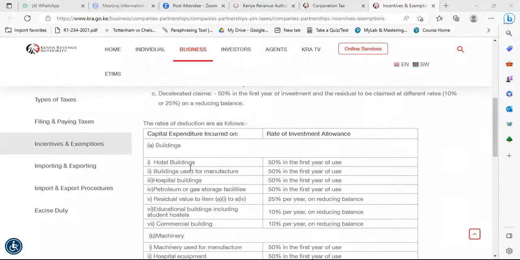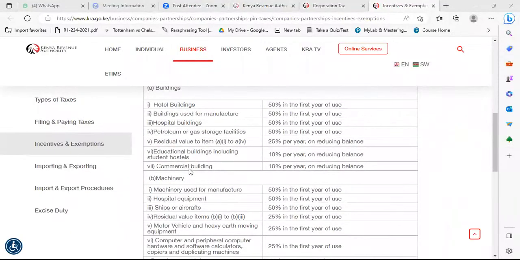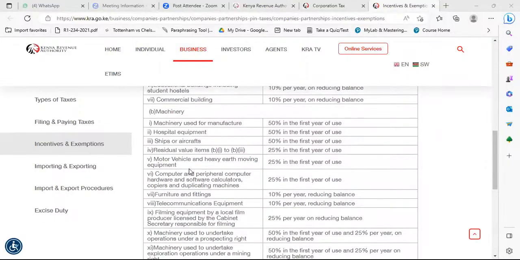So we have buildings there. We are looking for computer software. So computer and peripheral, computer hardware and software, calculators, copiers and duplicating machines. The rate is 25% in the first year of use.